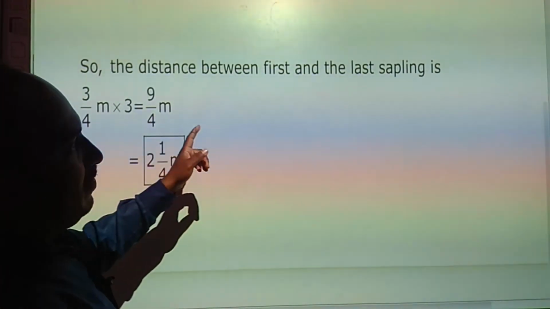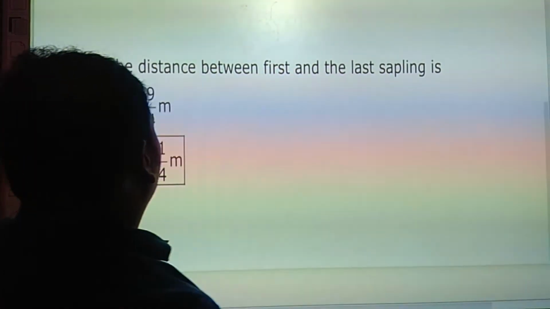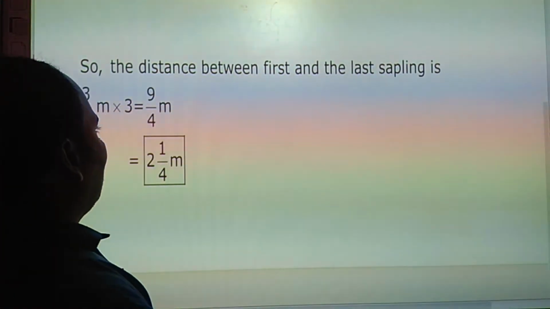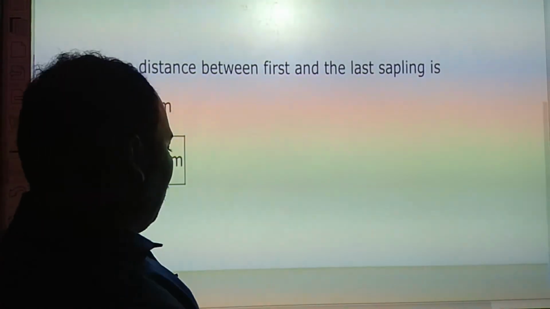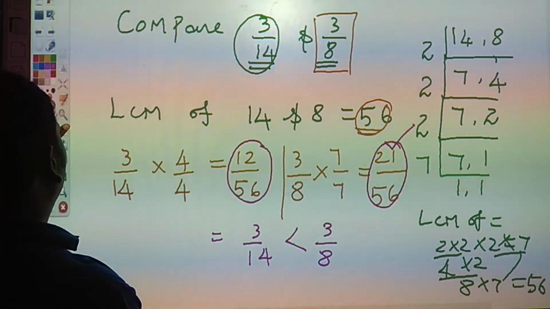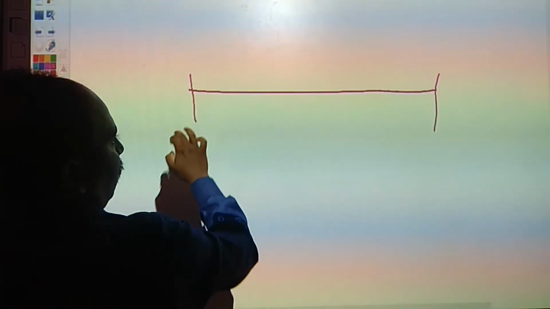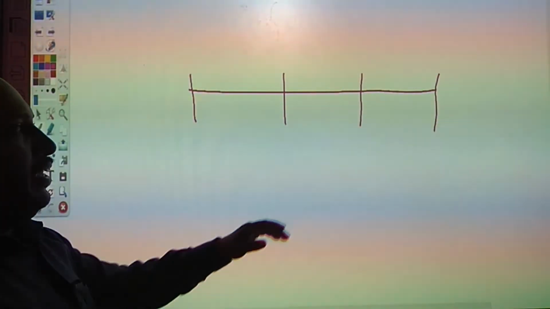So the distance between first and the last sapling. Each sapling distance is 3 by 4, and here we have 3 gaps. That means 1, 2, 3, 3 gaps.